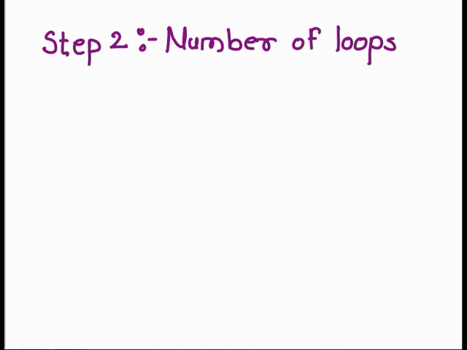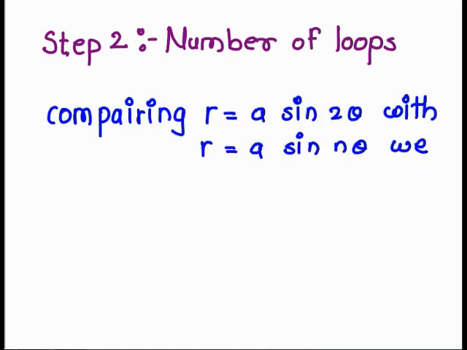In step 2, we find the number of loops. Now how to find the number of loops? The number of loops depends upon the value of n. Comparing r = a sin 2θ with r = a sin nθ, we get the value of n.